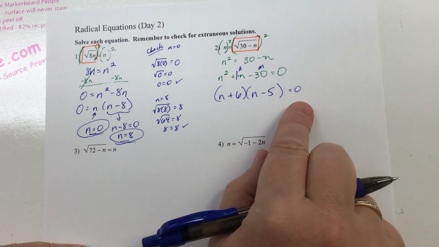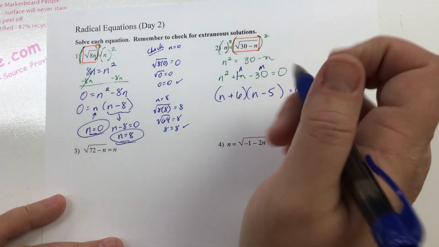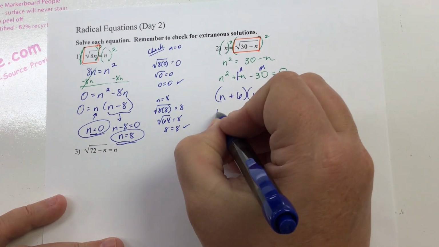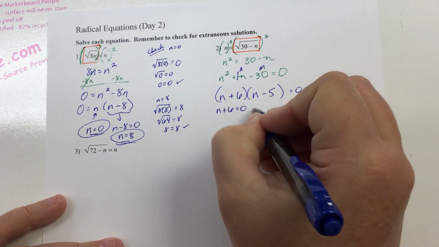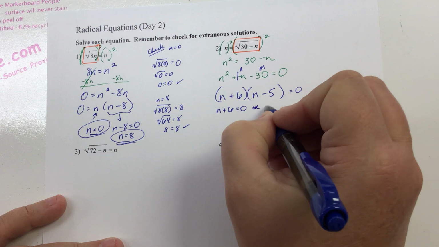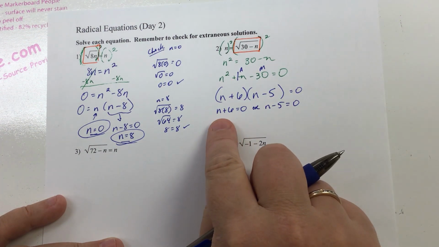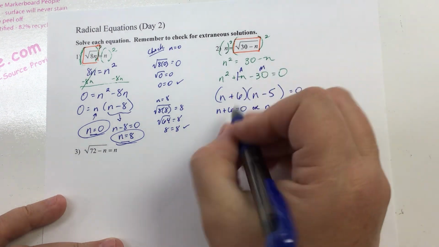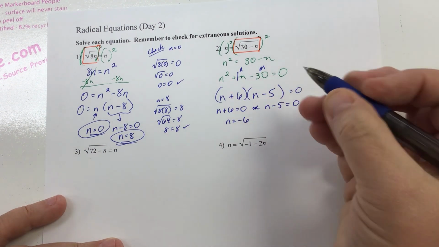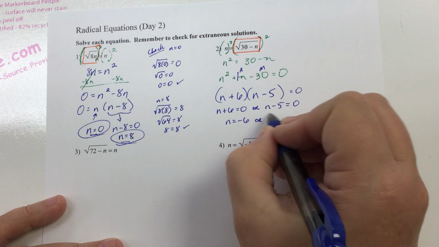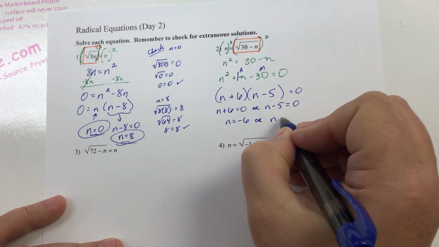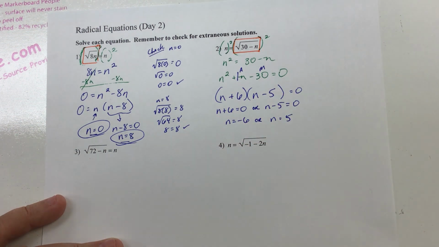Setting each factor equal to 0: n plus 6 equals 0, or n minus 5 equals 0. So n equals negative 6, or n equals positive 5.